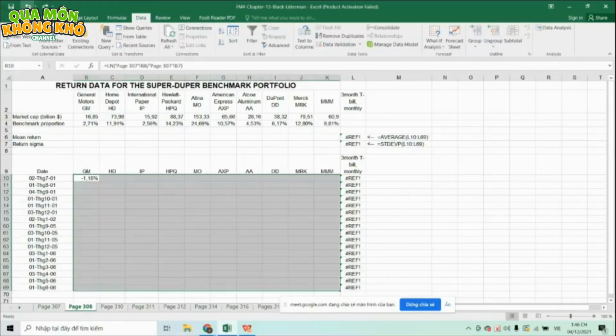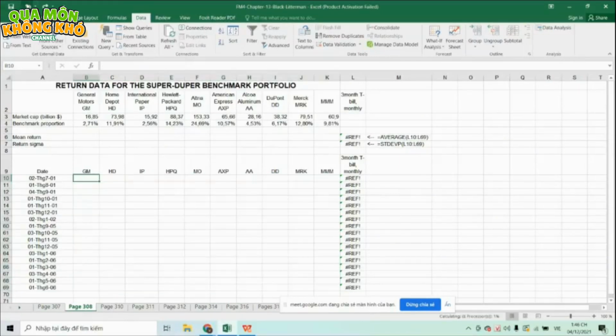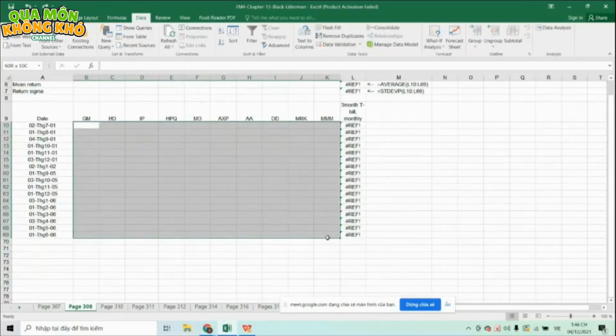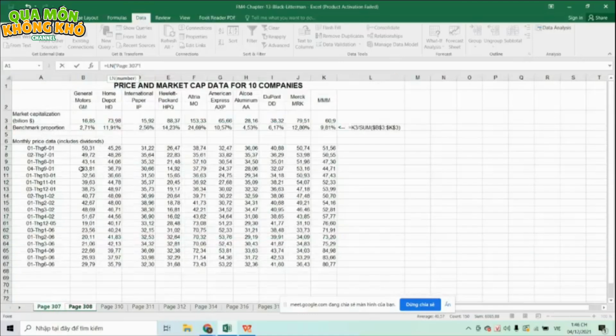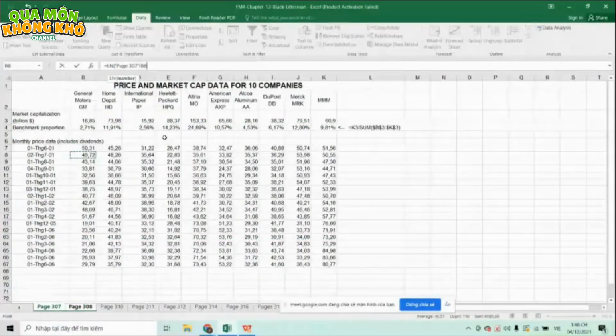There's some problem in here. I will do it again. First, we take the range, and then we will use the function log. Take the data in previous page.